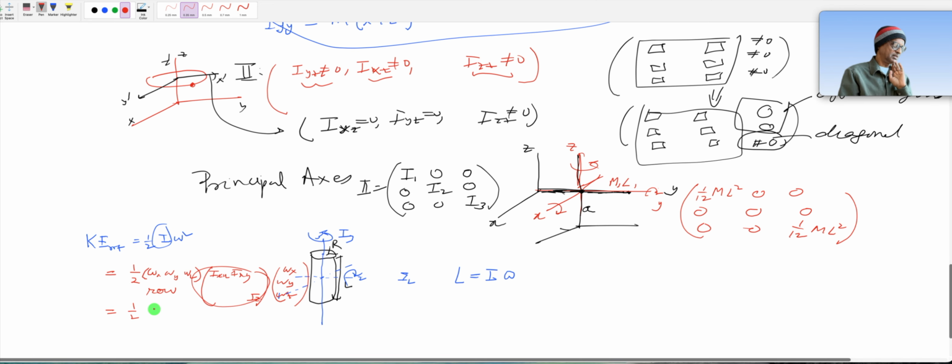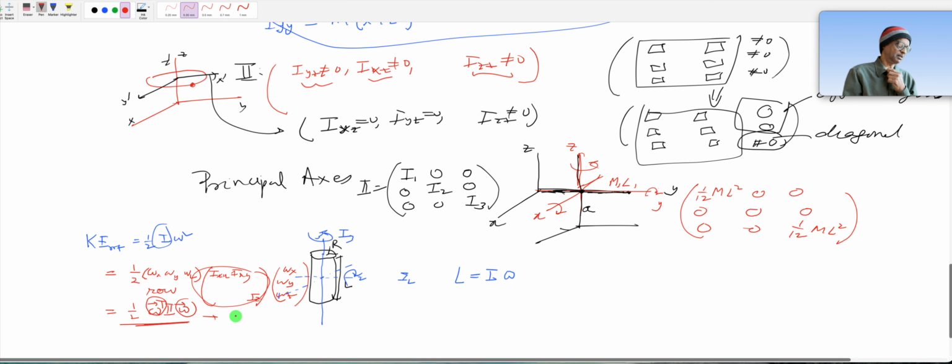This whole thing is written as omega vector, I, omega vector. Sometimes people write it like this, and sometimes they put a transpose here, because if you use a column vector, then the row vector has to be transposed. We're not going to have much occasion for writing that.